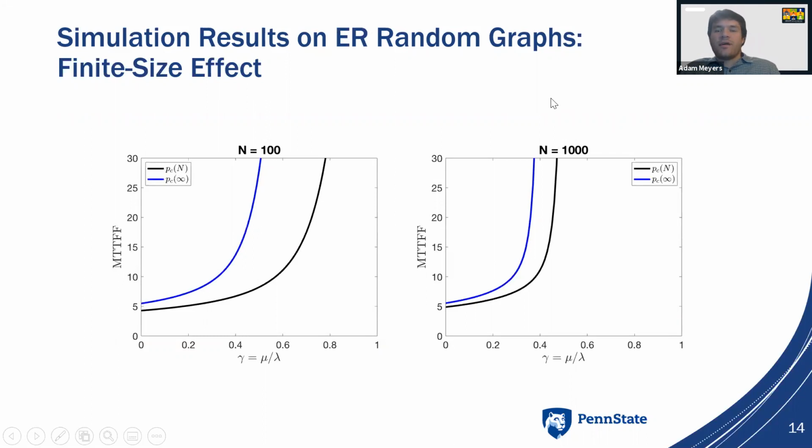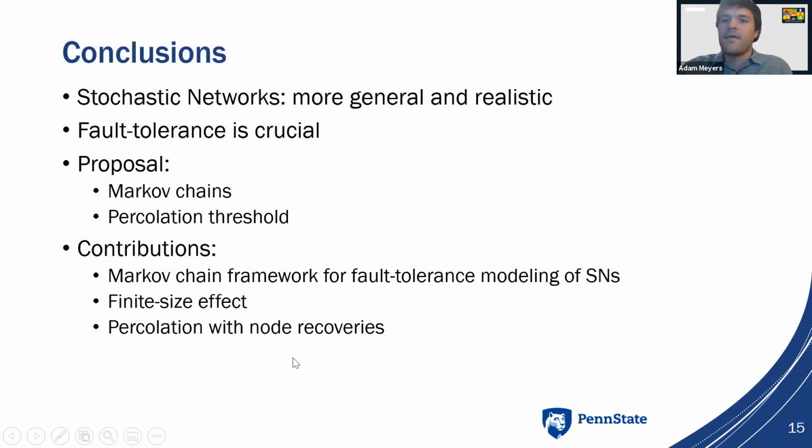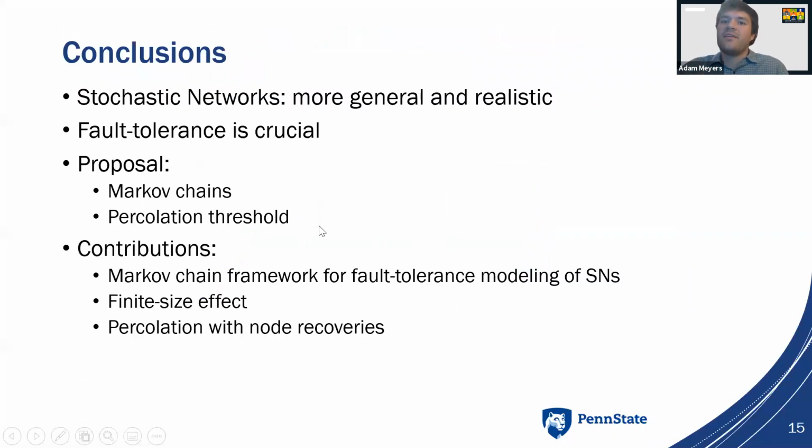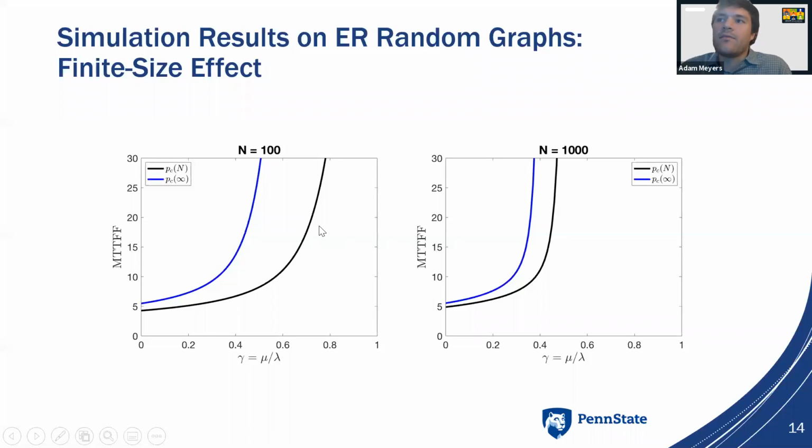The last thing that I'll point out from these simulation results is the finite size effect. And we can see it more clearly here. So say we take 100 nodes, and this is the mean time to failure again as a function of recovery to failure. And what we can see then is that the right-hand curve represents PCN, the finite percolation threshold, and the left-hand curve represents the infinite percolation threshold.